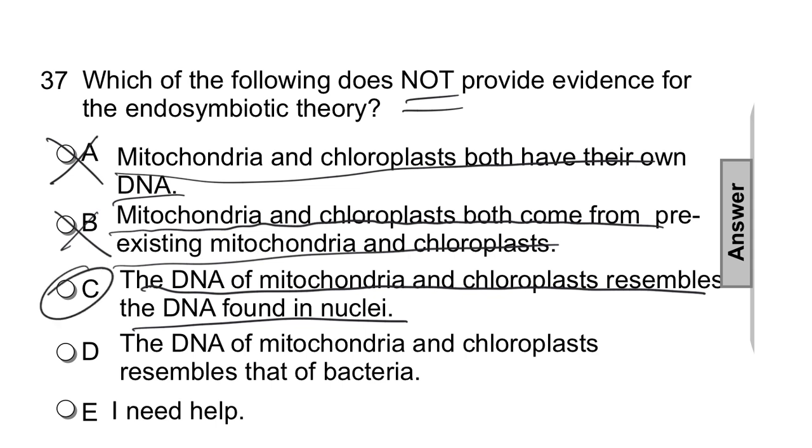Okay, so that is false. So that's my answer. The DNA of mitochondria and chloroplast resembles that of bacteria. Yeah. So that's contradictory to letter C because it's true. So I'm not going to pick that.